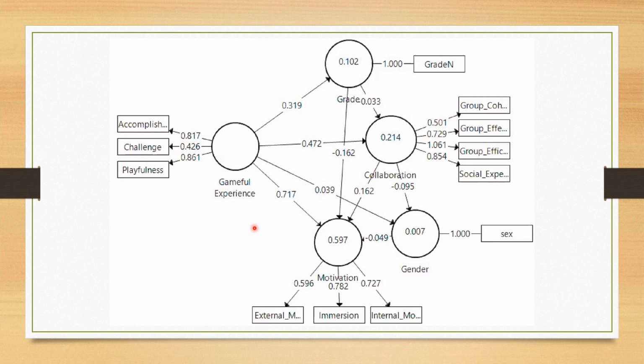So if you recall back to the reading, they had 3 constructs that they were measuring in that questionnaire: the gameful experience, the motivation, and the collaboration. They also included 2 other variables that they wanted to see how they were impacting different variables. So they included students' grades and their gender as well. So big circles, big key variables that they're testing for in this path.